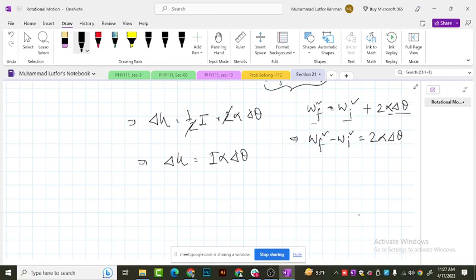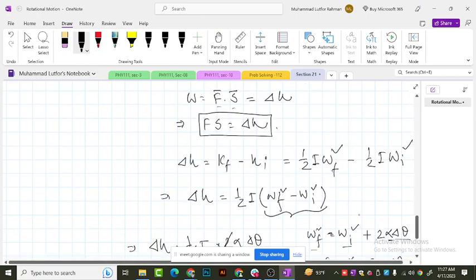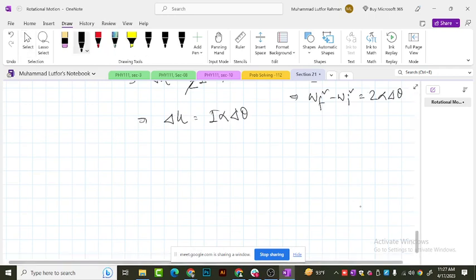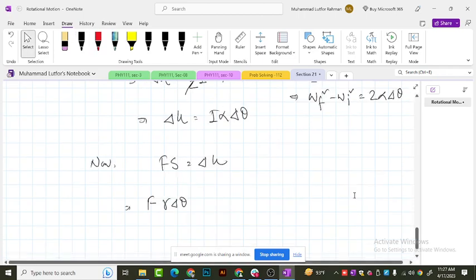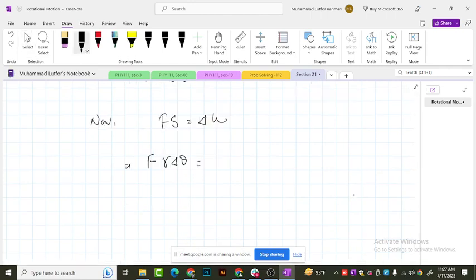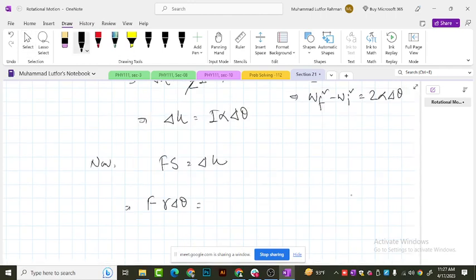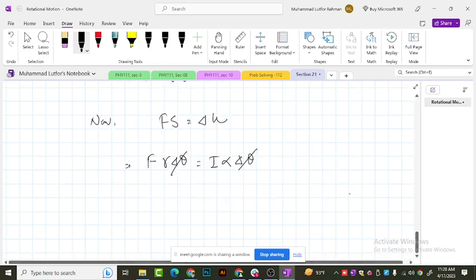Now I'm going to plug this del K into the equation, along with the value of S. F into S, which is F into R del theta, equals del K, which I found to be I alpha into del theta. Then drop del theta from both sides. You will find that F R is going to be I alpha.